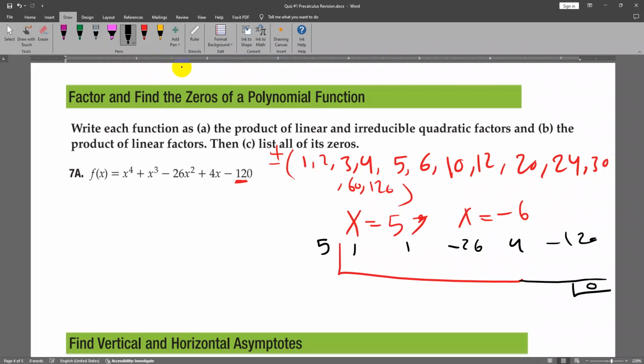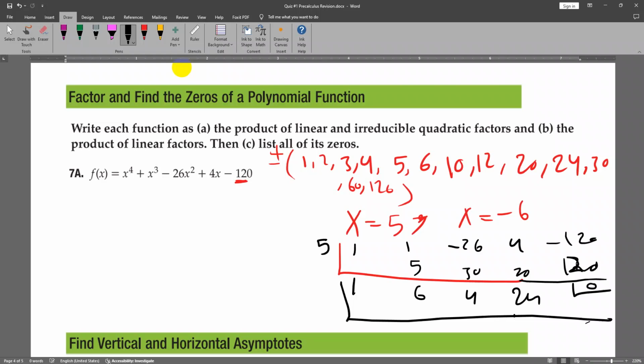Let's do it. 1, 5, 6, 3, 4, 20, 24, 120, and it's a 0. We will do the same with negative 6, and the last number here must be 0. So this is negative 6, 1, negative 6, 0, 0, 4, 24, and it's a 0, yes.